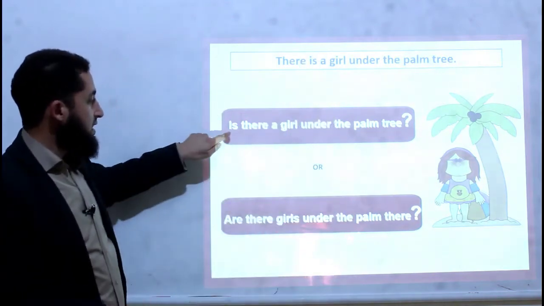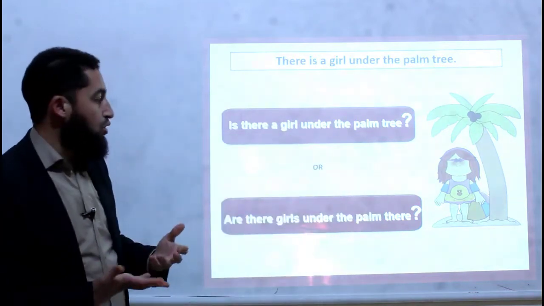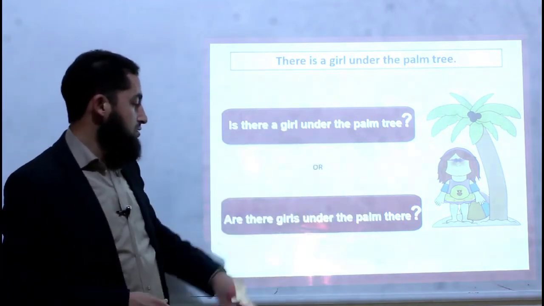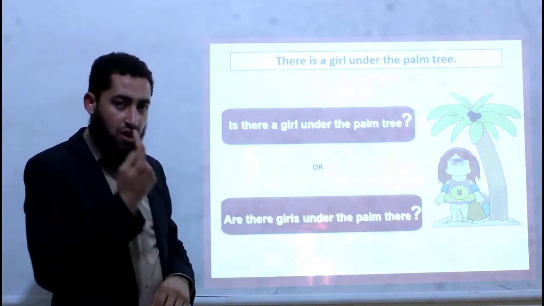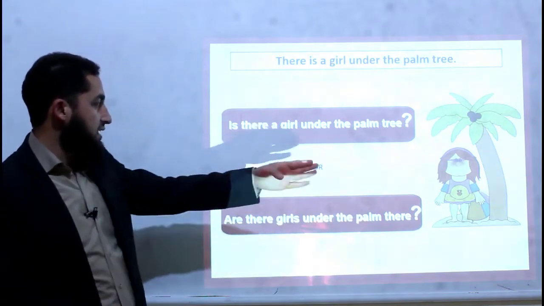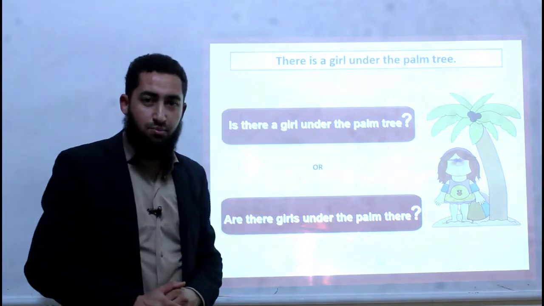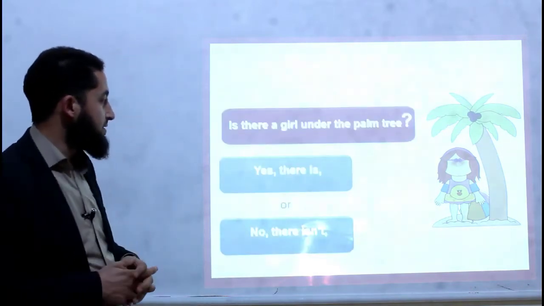So is there a girl under the palm tree, or are there girls under the palm tree? So we have 1 girl. Yes. Is there a girl under the palm tree? Very good.